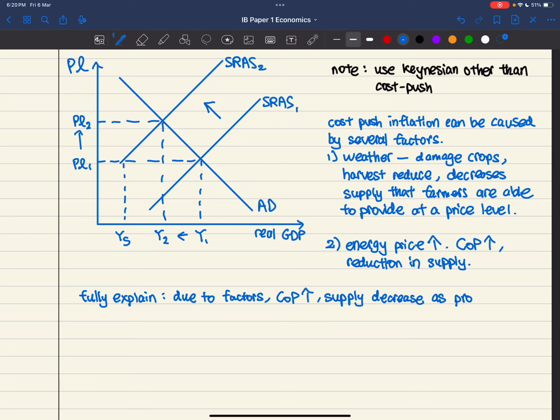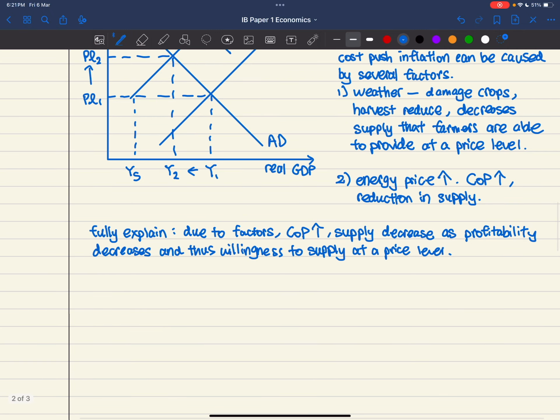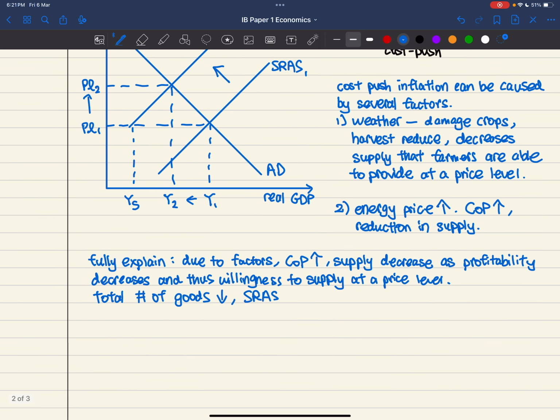As profitability decreases, and thus willingness to supply at a price level. Okay, and then you go, total number of goods reduces, so SRAS shifts left.